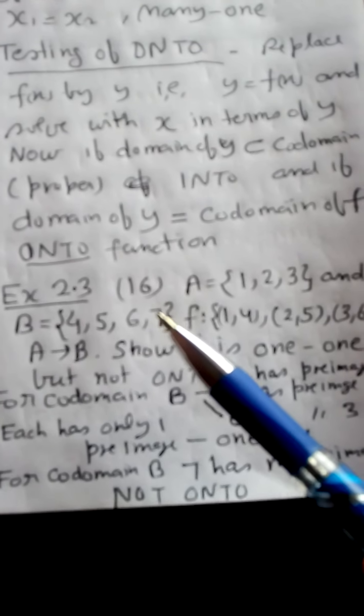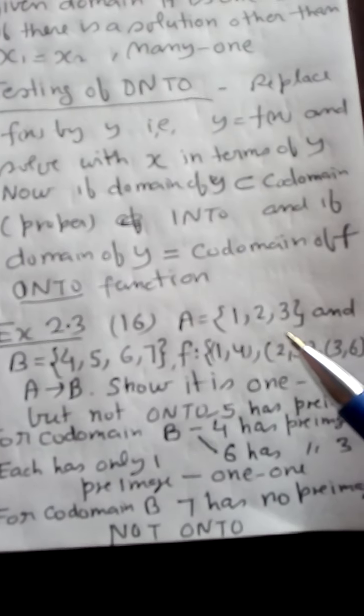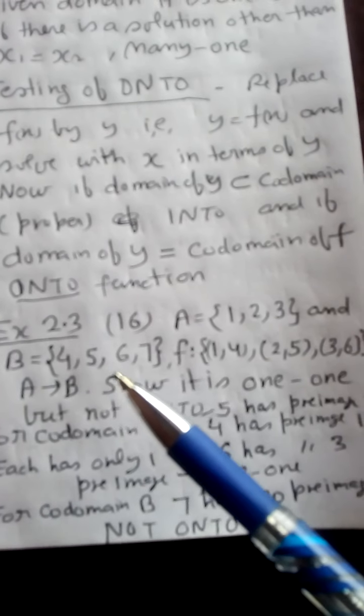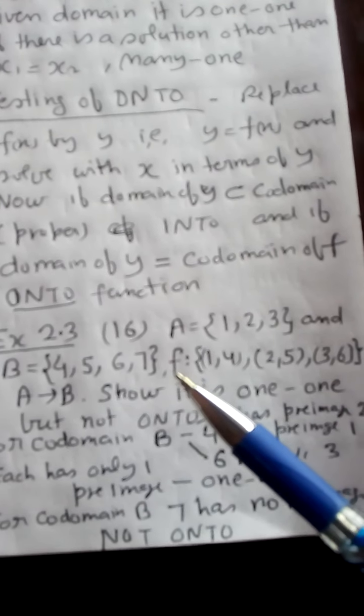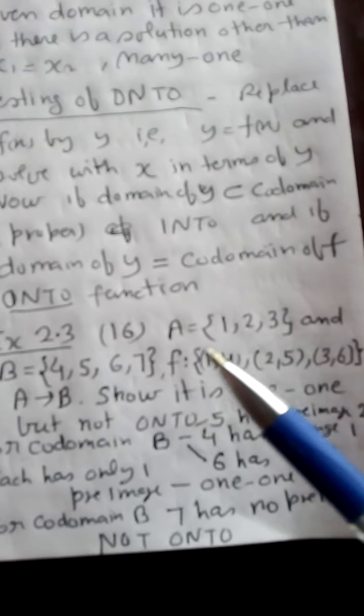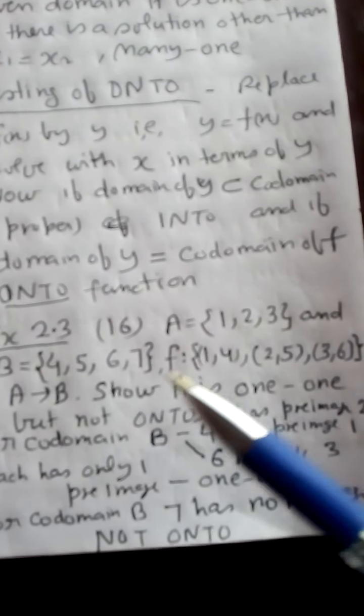Okay with everybody? Here we have taken a question from exercise 2.3, question 16. Given set A is equal to {1, 2, 3} and set B is {4, 5, 6, 7}, and we have been given a function {(1, 4), (2, 5), (3, 6)}.